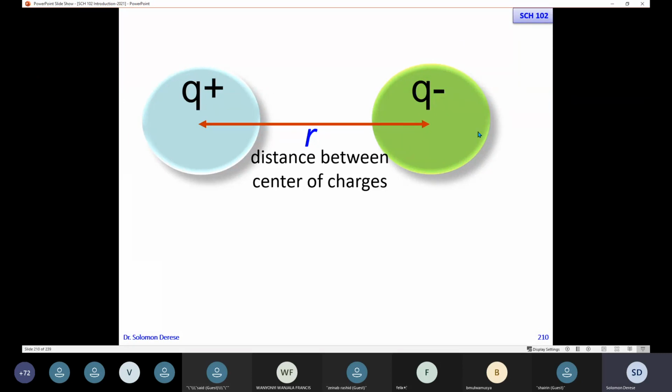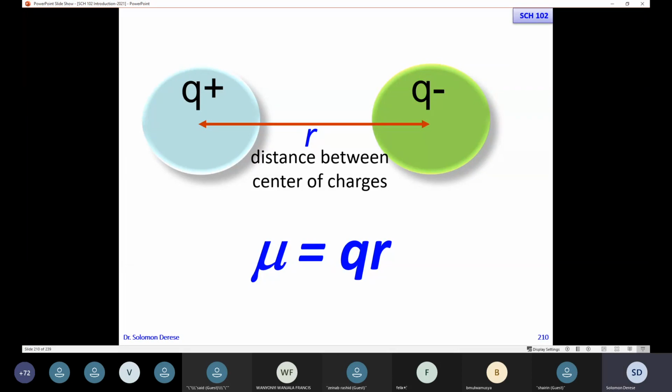Now, the dipole moment of this particular bond is the charge times the distance. Dipole moment is Q times R. Remember what I told you: dipole moment is a measure of the polarity of a bond or a molecule. It measures polarity. And then polarization of a bond depends on two factors.